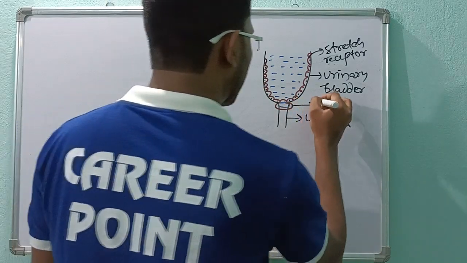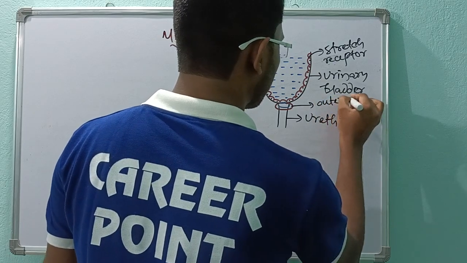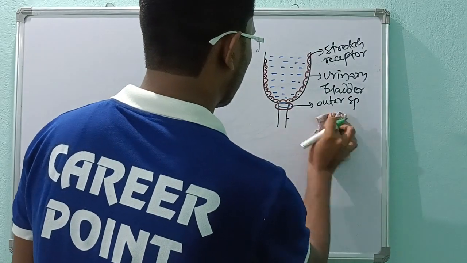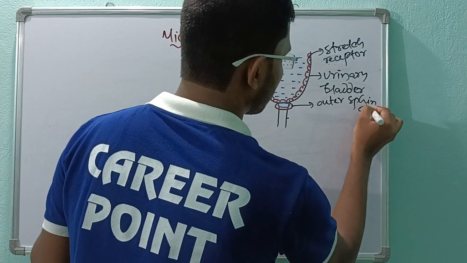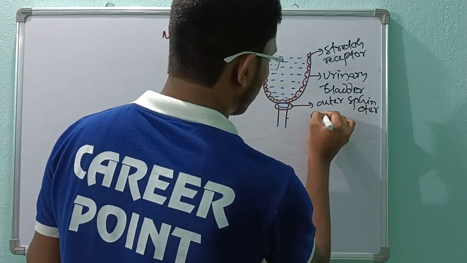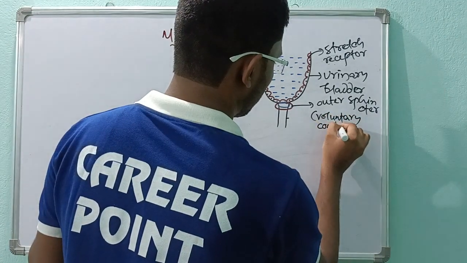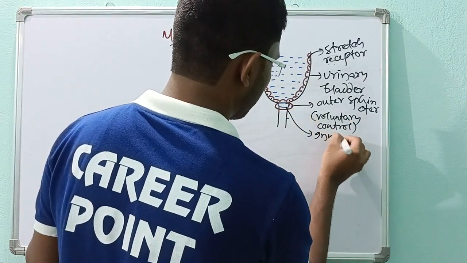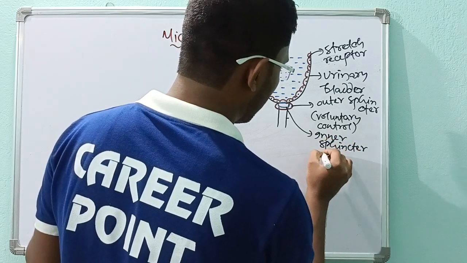And there are two sphincters located here. Let's write it in the lower portion. Outer sphincter, which is under voluntary control, and inner sphincter, which is regulated involuntarily.